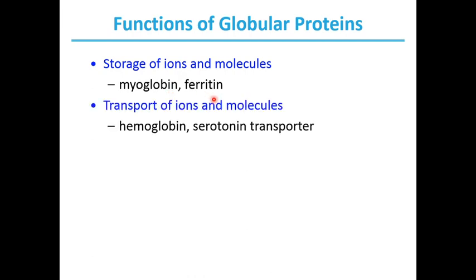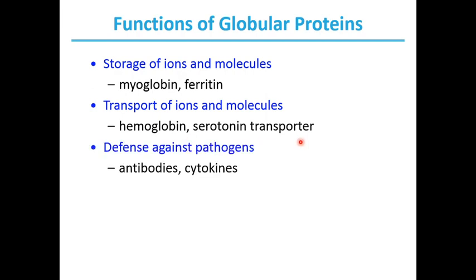Ferritin. Transport of ions and molecules. Hemoglobin is a characteristic protein that transports oxygen in blood. Serotonin transporter is another example. Defense against pathogens. Antibodies are one of the best examples that can initiate defense against a foreign body like a pathogen.